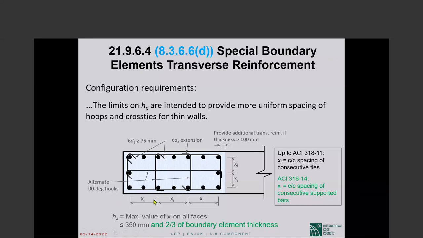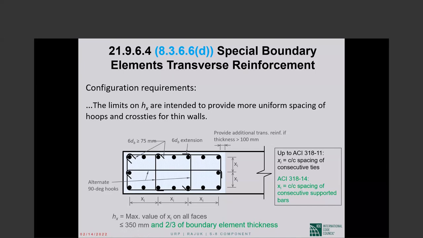The maximum spacing center to center between any two supported bars, 14 inches, 350 millimeters. And the maximum clear spacing between a supported bar and an unsupported bar, 6 inches. Okay. The every other bar laterally supported and the 6-inch clear are required irrespective of anything.